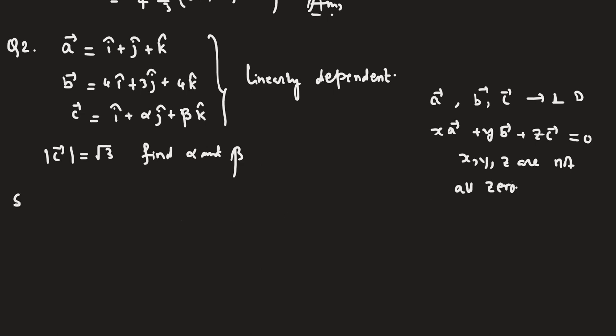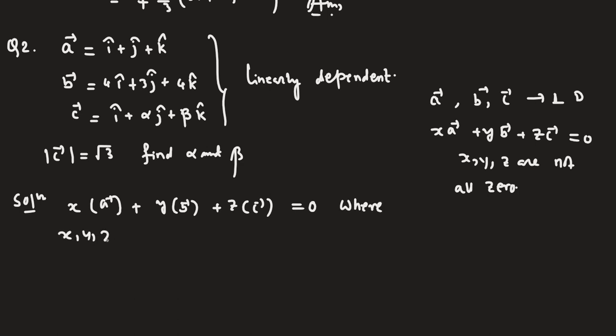So now, since the vectors are linearly dependent, we are able to find the scalars: x multiplied with vector A, plus y multiplied with vector B, plus z multiplied with vector C, and the result is 0, where these scalars are not all 0.